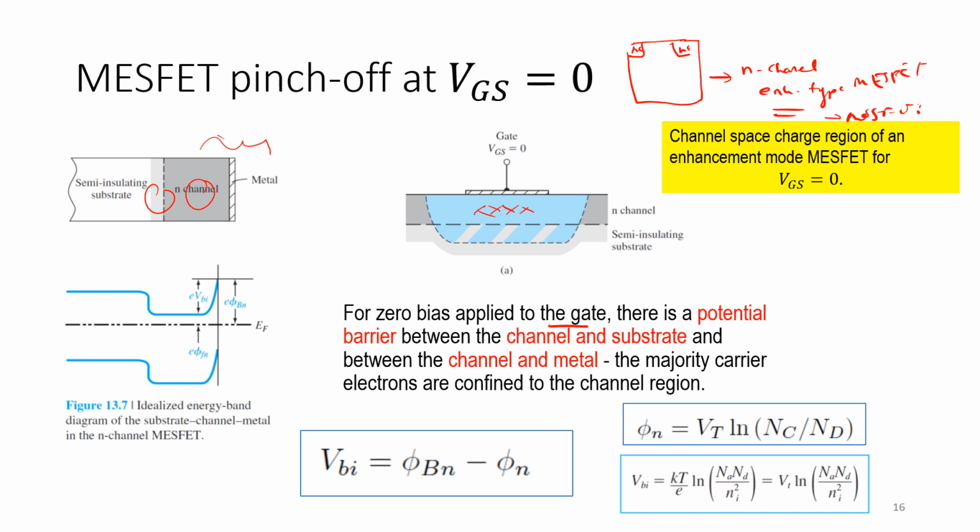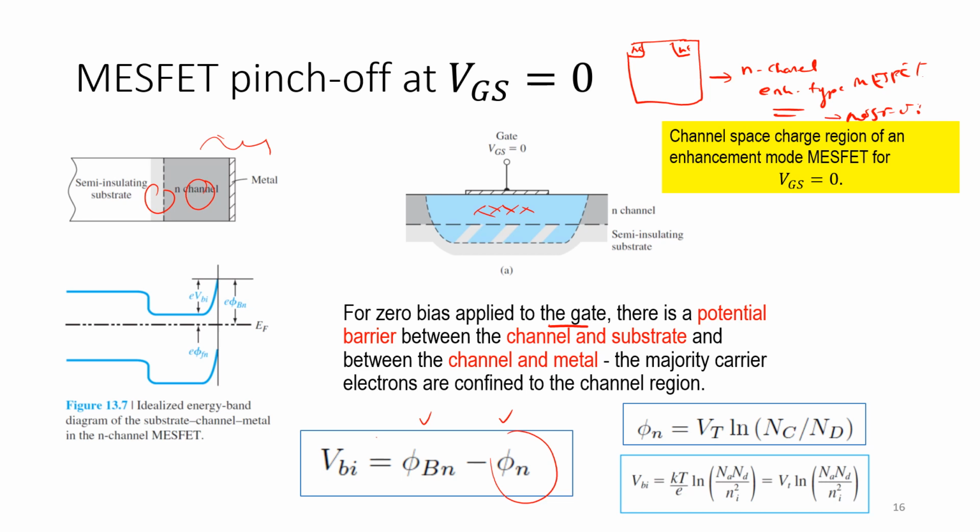In terms of equations, the built-in potential barrier is equal to Vbn minus Vn, in which Vn is the potential in the semiconductor, equal to Vt ln Nc over Nd.